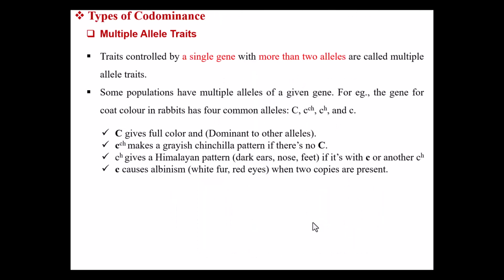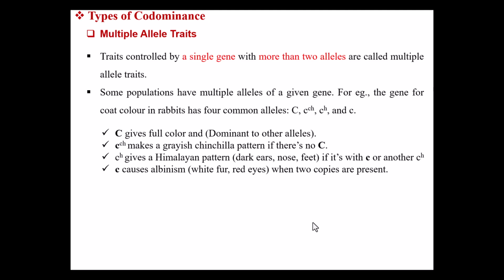And then we have another type of codominance: multiple allele traits. What does it mean? It's a trait controlled by a single gene with more than two alleles. For example, we have rabbit coat color. Full color, which gives a full color for the rabbit, is dominant over the other alleles.